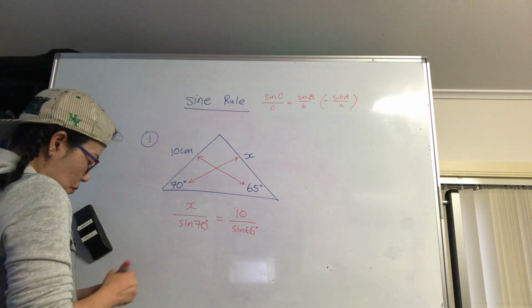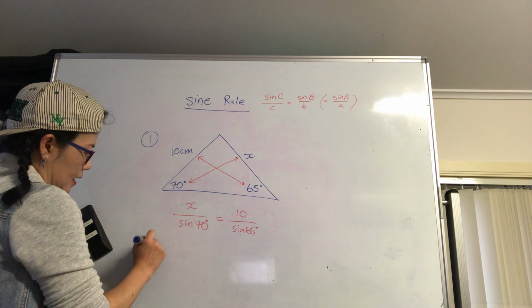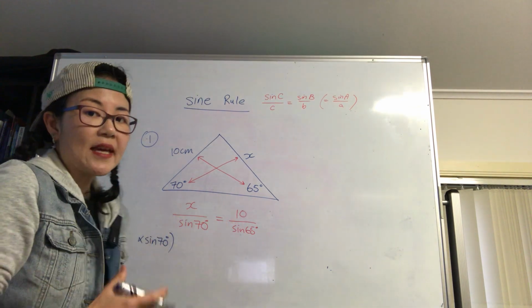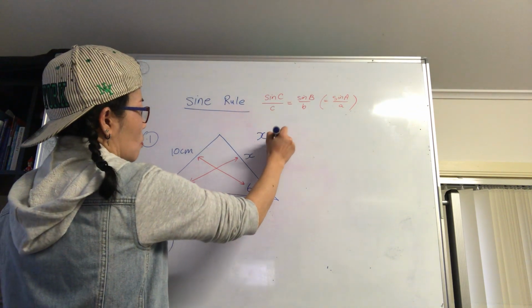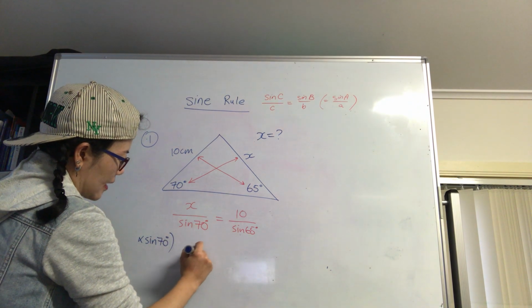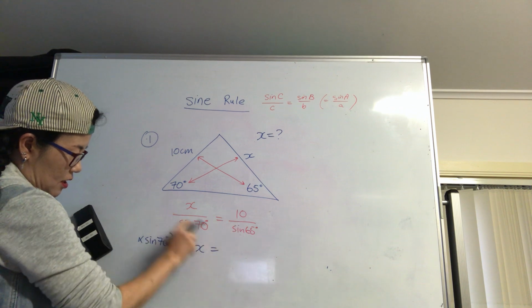Now we're going to solve it and just times by sine 70 degrees on both sides because I want to make X the subject. We're looking for the X side. So when I times by sine 70 here, it cancels out.